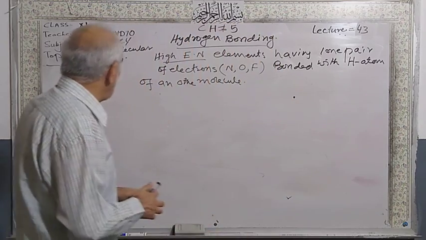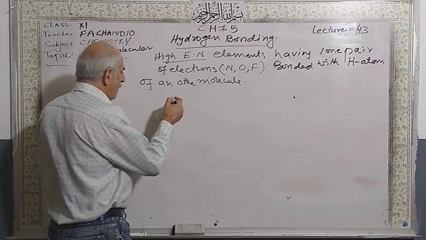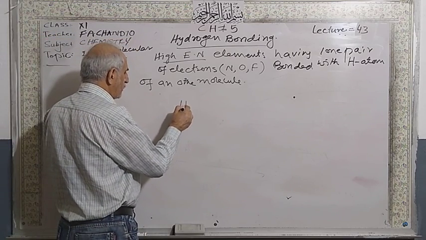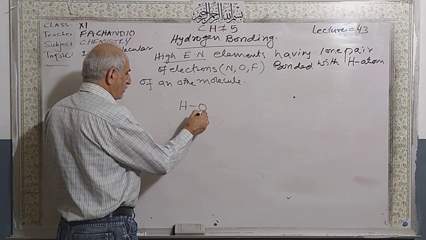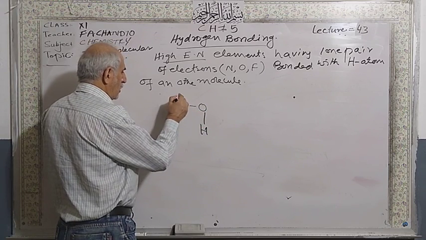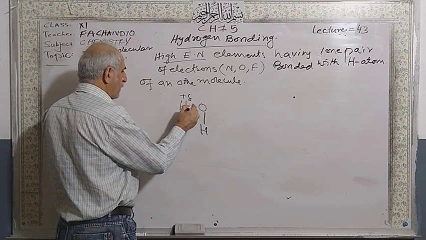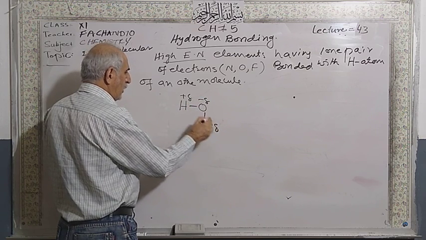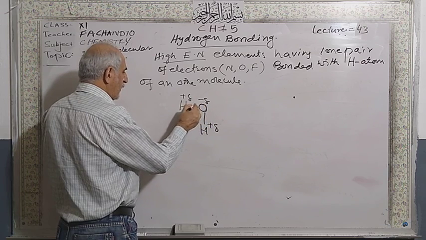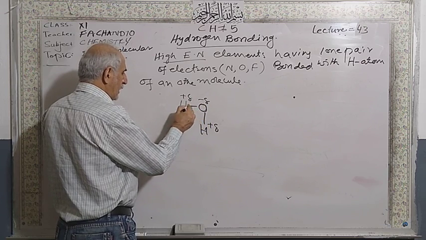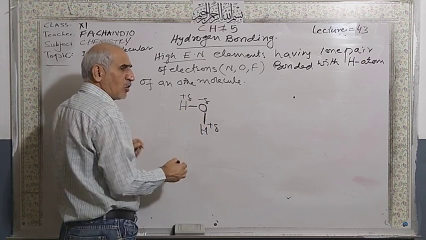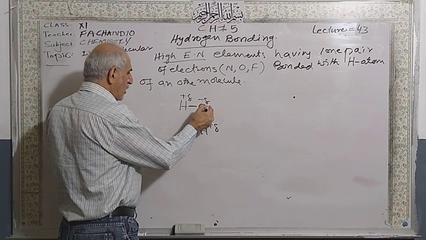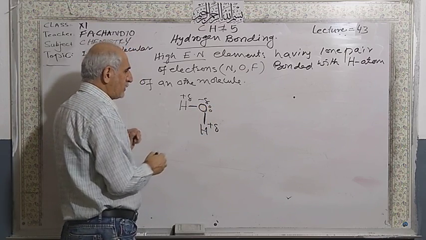So I'm going to give you an example here, just like water. This is a permanent dipole, highly polar nature, the difference of electronegativity is very high. This is a covalent bond, intramolecular force. There is a lone pair on the water.